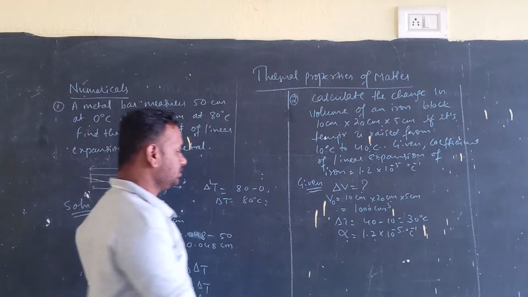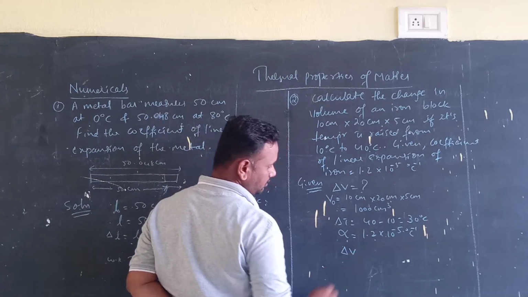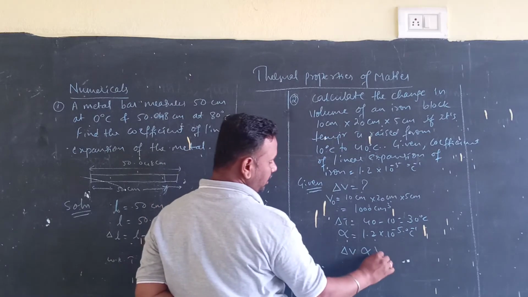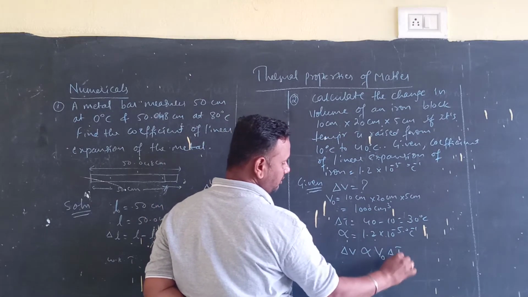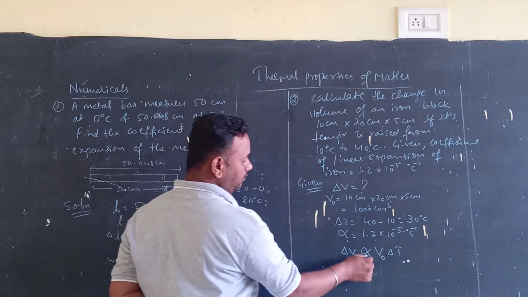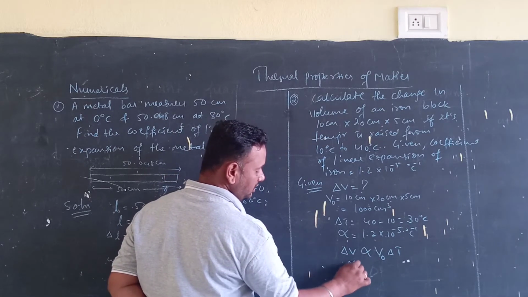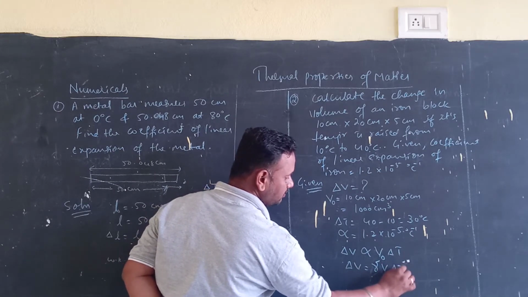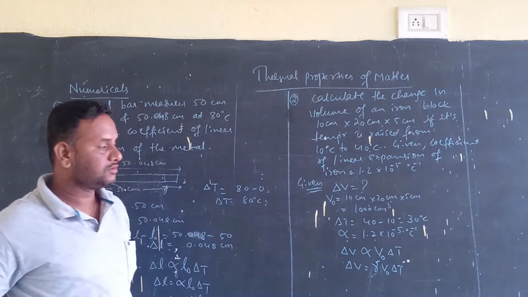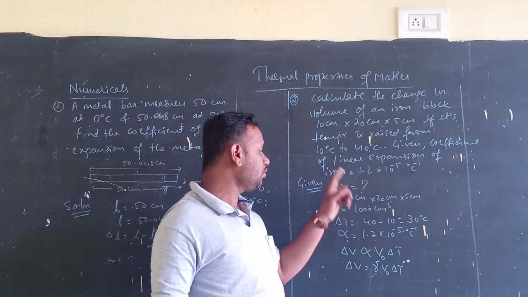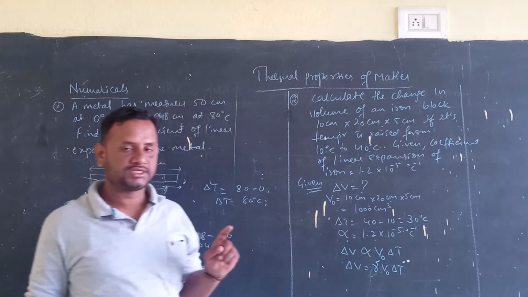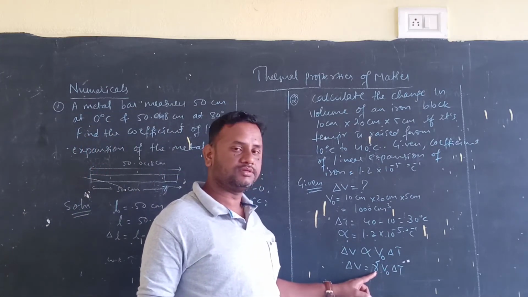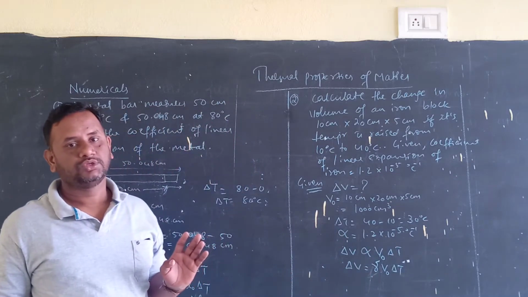As we know, the change in volume is directly proportional to the initial volume and its change in temperature. If I remove this proportionality sign, then delta V is equal to gamma V naught delta T, where gamma is the coefficient of volume expansion, as we discussed previously.